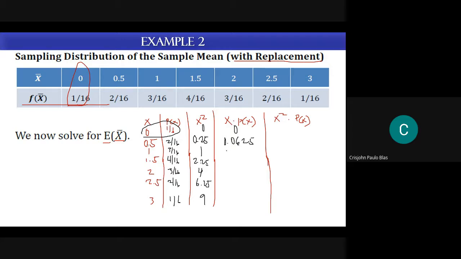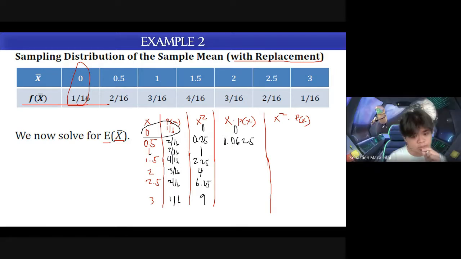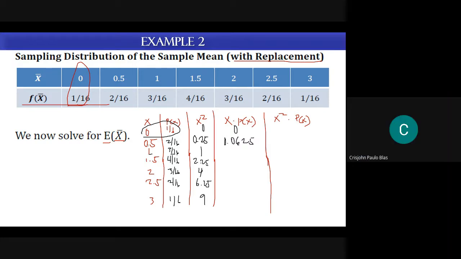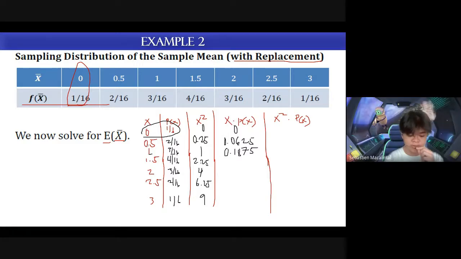That is 3 over 16 in decimal. 3 divided by 16 is 0.1875. 1.5 times 4 over 16, anong sagot? 0.375.